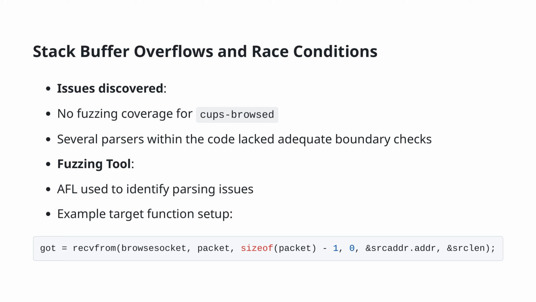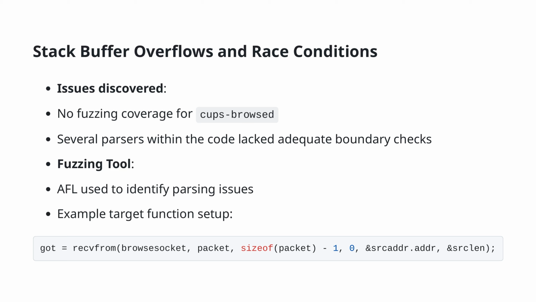In this section, we are examining issues related to stack buffer overflows and race conditions within the CUPS browse service. Our investigation revealed that there was no fuzzing coverage for cups-browsed, a gap that exposes it to potential vulnerabilities. Specifically, several parsers within the code lacked proper boundary checks, which are critical for preventing buffer overflows. To address this, we utilized American Fuzzy Lop, AFL, to uncover parsing issues.